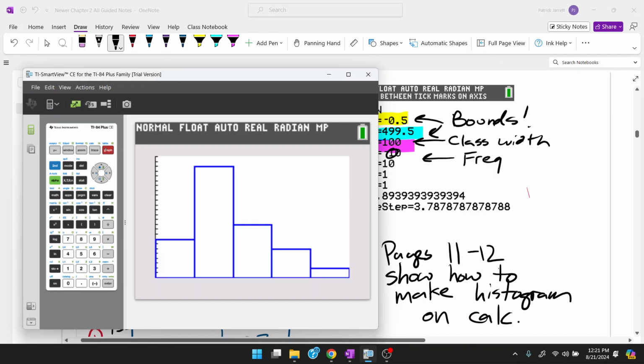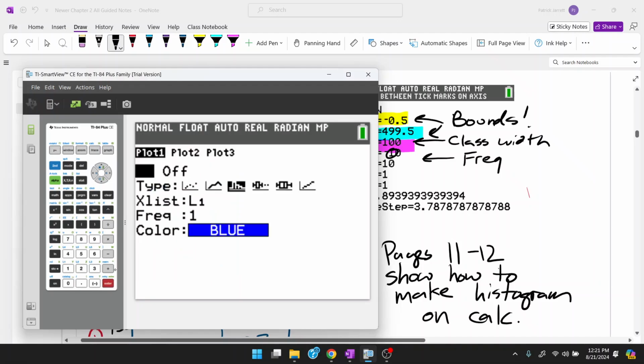Now, when you go to plot 1 and hit enter, it doesn't do anything. You have to actually hit graph. Make sure the X list is the data that you entered. So that's going to be a big asset to us.